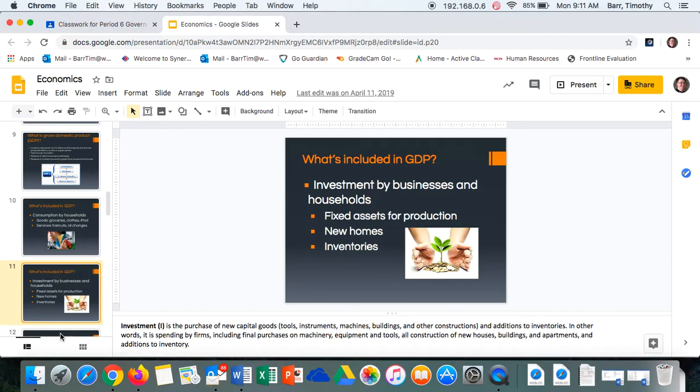So, if you buy a new house, or you put money in the stock market, or a business buys a whole bunch of goods because they want to sell them, they're investing in something so they can make something else with it. Like education is an investment in your future.